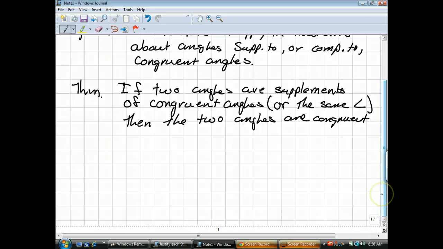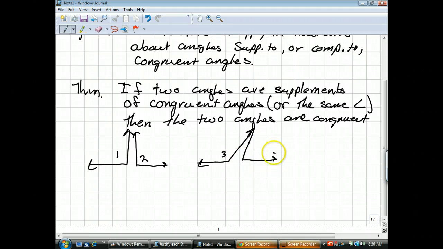Okay, so what this is saying is that you have, say, angle 1 and angle 2, and then you have angle 3 and angle 4.